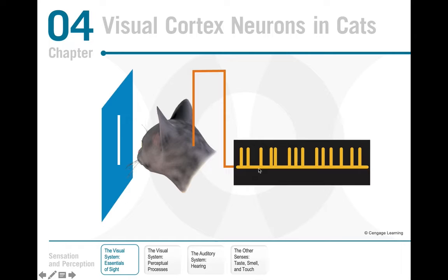So remember, more lines represent more rapid firing, more activity. So we can see here that a vertical line elicits a lot of activity, a lot of firing. A horizontal line, on the other hand, does not elicit a whole lot of firing. A line tilted diagonally elicits some level of firing, more than when the line was horizontal, but less than when the line was vertical.